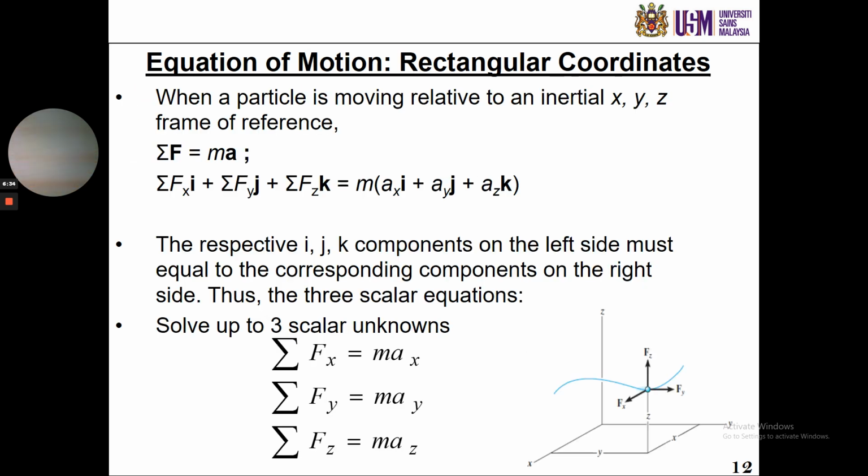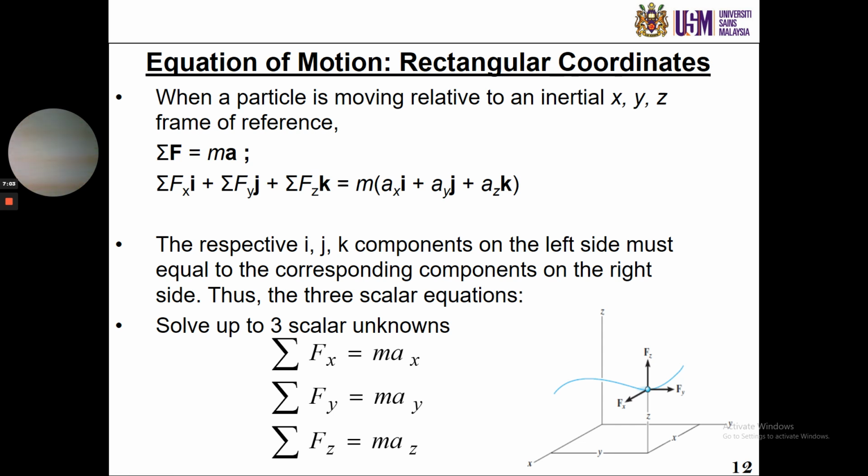When a particle is moving relative to an inertial x, y, and z frame of reference, the sum of force F equals ma is this long equation, which basically says sum of force in x equals max, sum of force in y equals may, and sum of force in z equals maz.